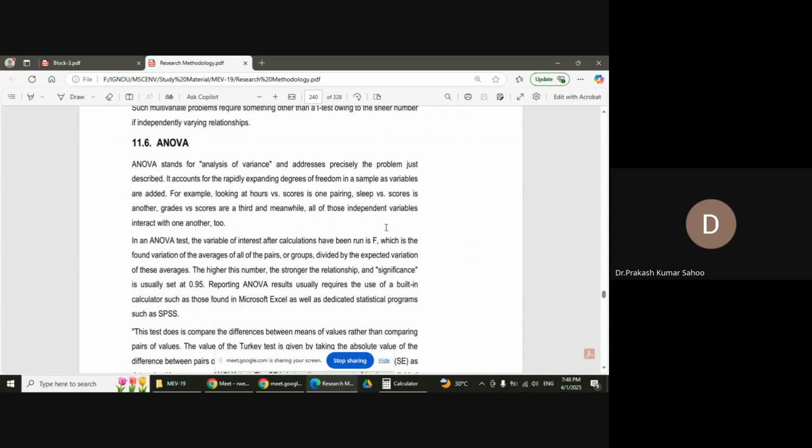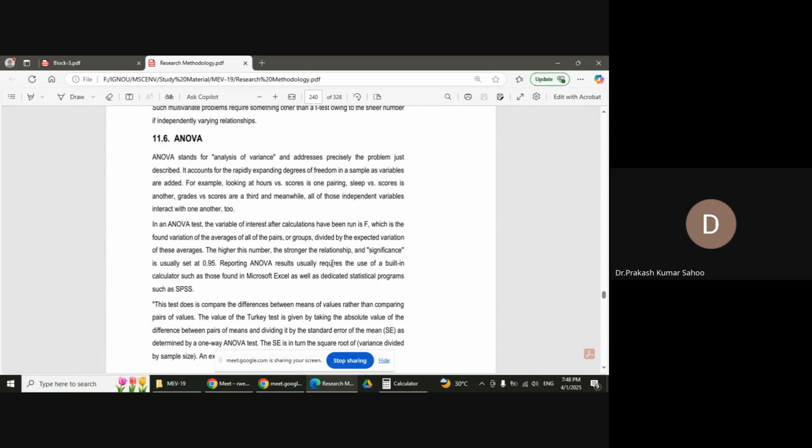Then we have the very famous ANOVA test, which is known as the analysis of variance. And this addresses precisely the problem just described. It accounts for the rapidly expanding degrees of freedom in a sample as variables are added. If variables are added, the degrees of freedom automatically increase.